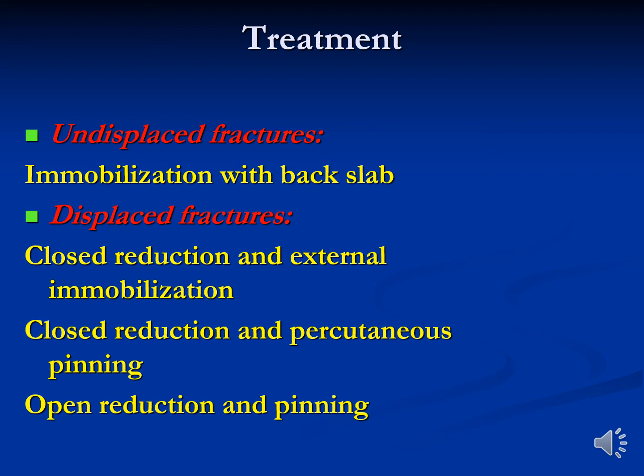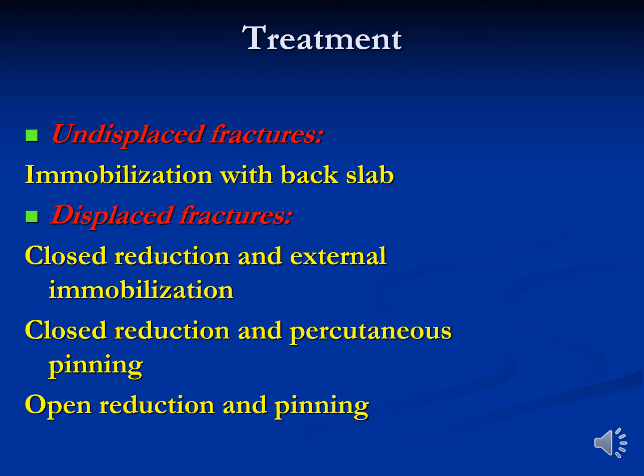How can you treat supracondylar fracture of the humerus? Undisplaced fractures, you can just immobilize the patient with a posterior back slab of plaster of Paris for 3 weeks. Only for 3 weeks. More than 3 weeks can lead to stiffness. In displaced fractures, I can do closed reduction and external immobilization for the elbow with a back slab also.